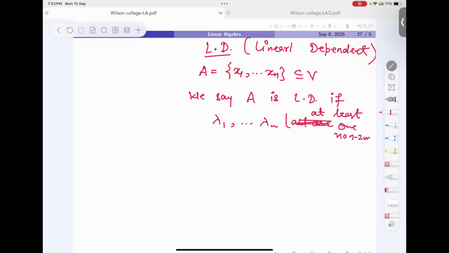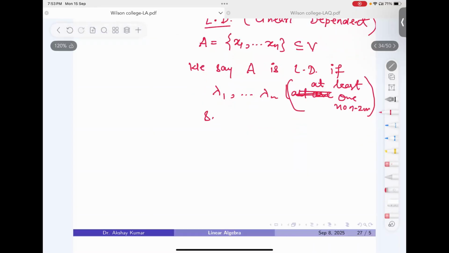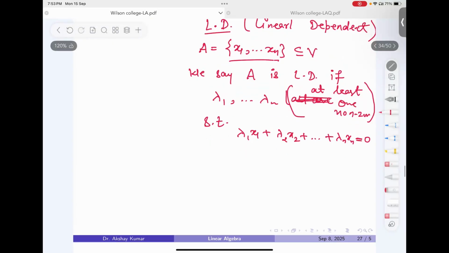All should not be zero, such that lambda1 x1 plus lambda2 x2 plus up to lambda n xn equals 0. If you can find these kind of scalars, then you say this set is linearly dependent, right?